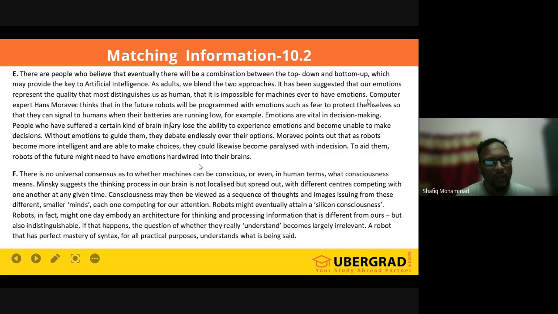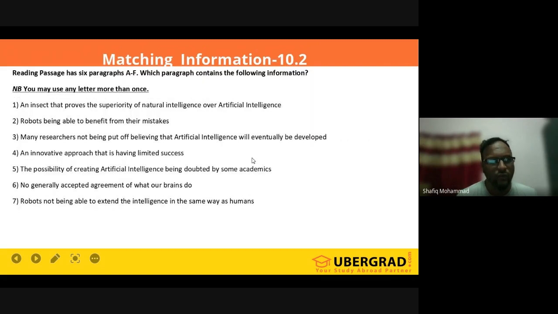Okay, let's see the last sentence. It points out that as robots become more intelligent and are able to make choices, they could likewise become paralyzed by indecision. To aid them, robots of the future might need to have emotions hardwired into their brains. So something is talking about emotions, right? Which ones have we done? First one, second one, third one also we have done.